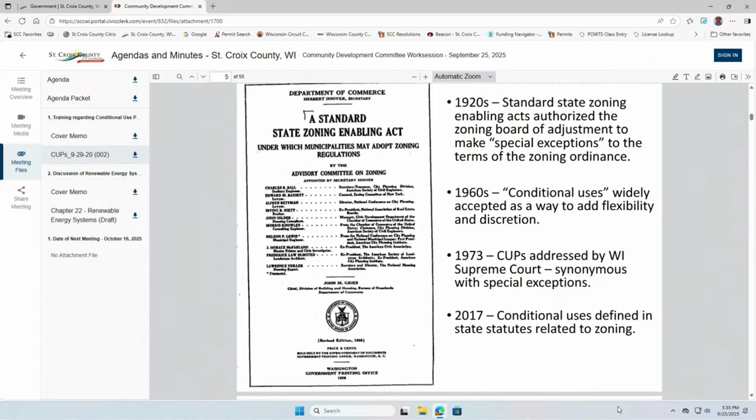Those terms are completely changeable, and the courts have decided that several different times. There was a big change in 2017, because before that CUPs were more up in the air, and now you can't simply deny a CUP.